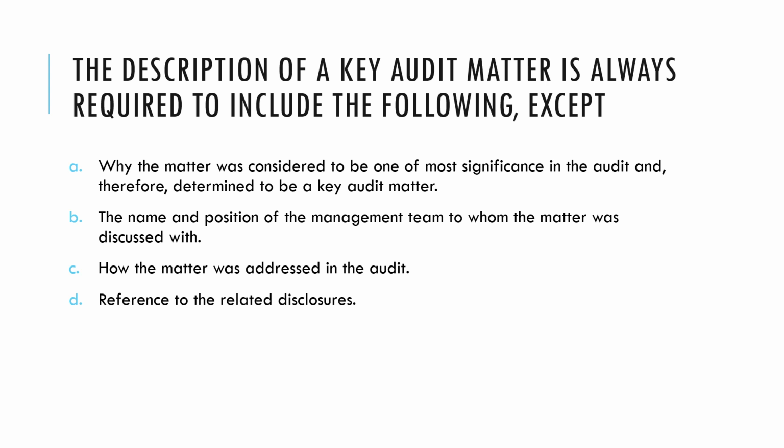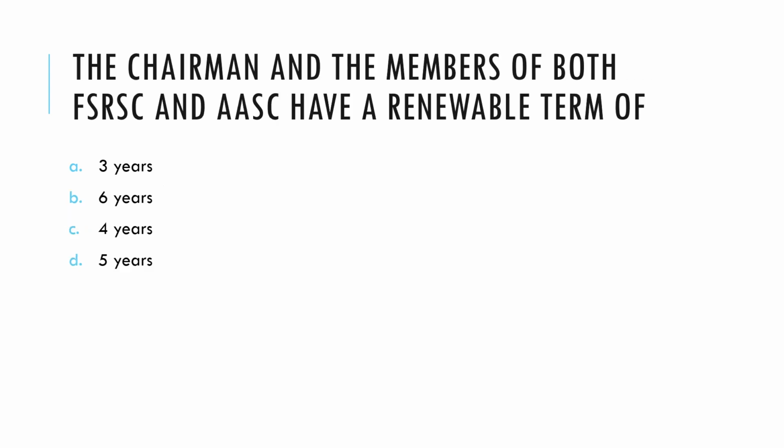Letter C, how the matter was addressed. And letter D, reference to the related disclosures. The choice that is not to be included in the CAM section of our audit report is the name and position of the management team to whom the matter was discussed with. Okay, so letter B is not necessary. It's not to be included.